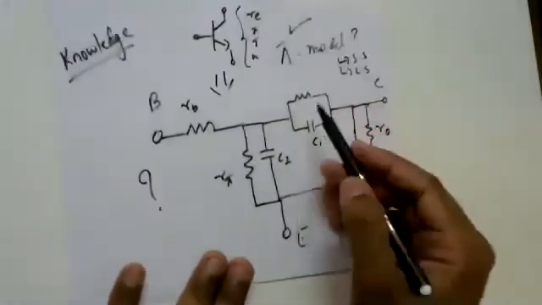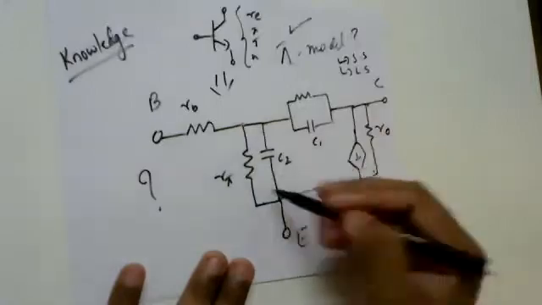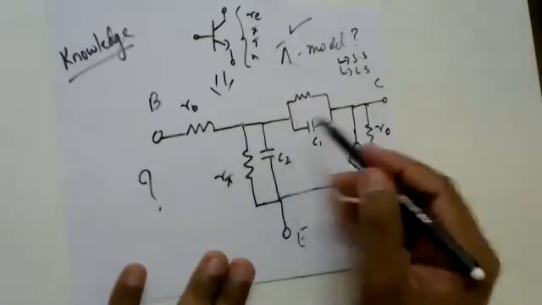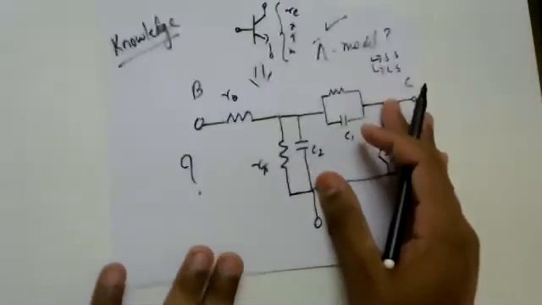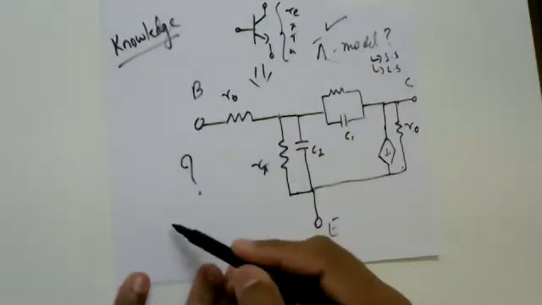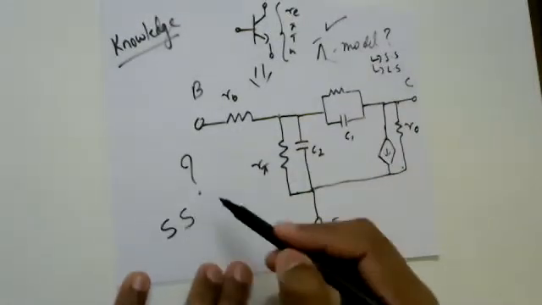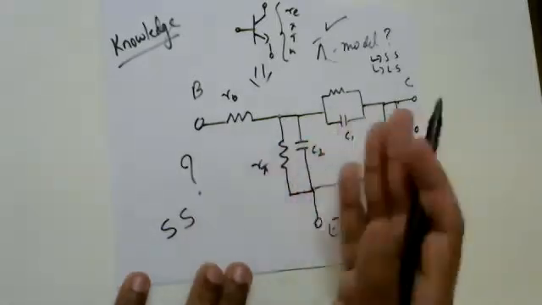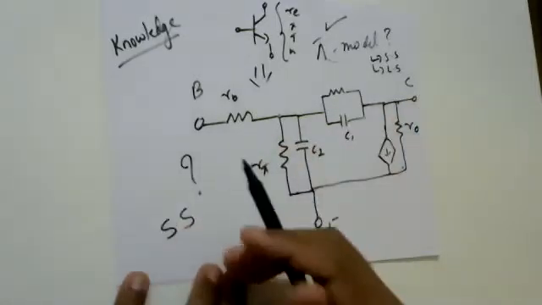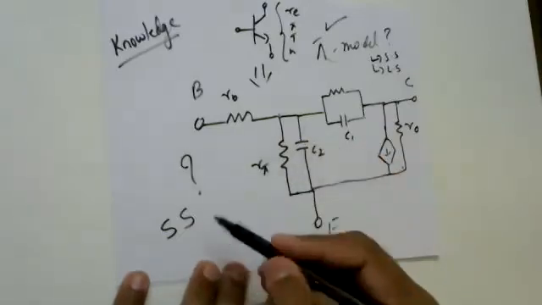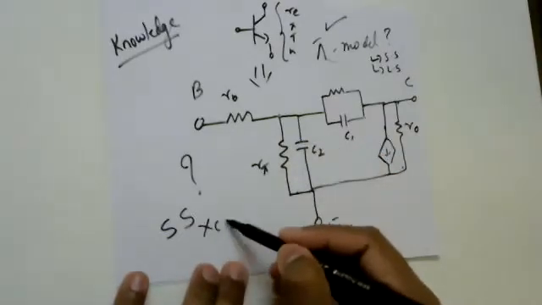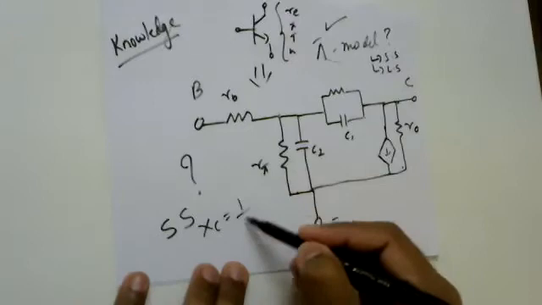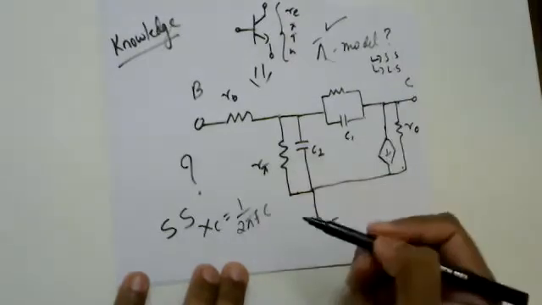When I operate this particular circuit at small signal high frequencies, let me make my statement clear, small signal high frequencies, let me say a frequency of 1 kilohertz or 10 kilohertz or in terms of megahertz, I know the equation for reactance: Xc equals 1 over 2 pi f c.